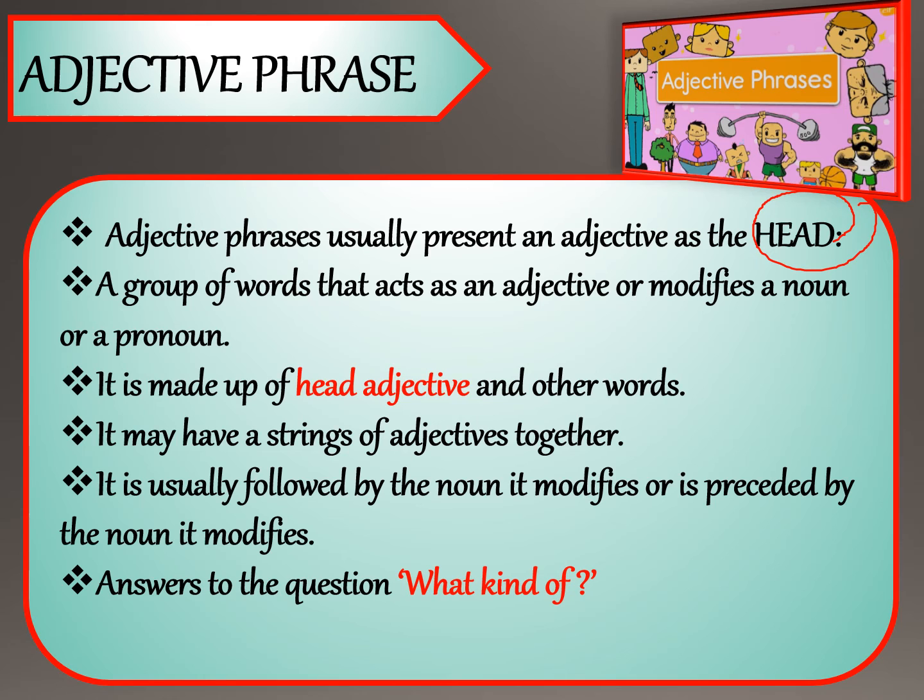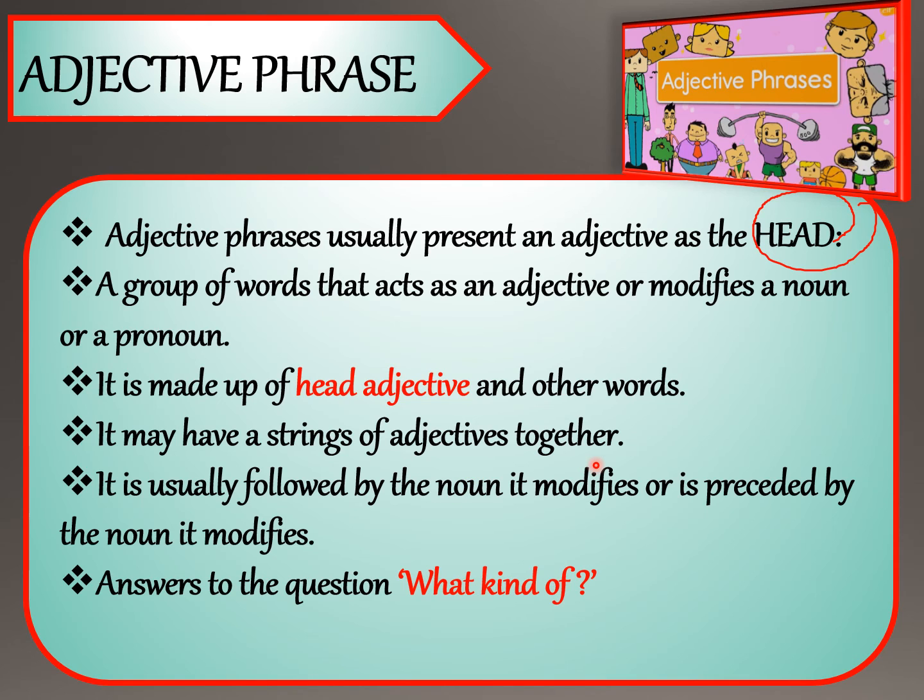A group of words that acts as an adjective or modifies a noun or a pronoun is an adjective phrase. That's the function of an adjective: it modifies a noun or a pronoun, or it tells us something more about a noun or a pronoun. It is made up of a head adjective and other words. It may have a string of adjectives together.